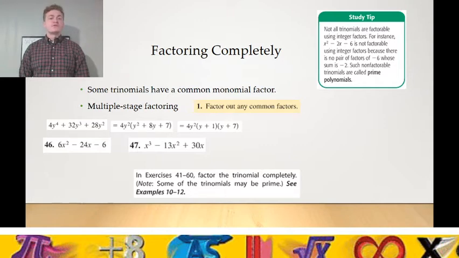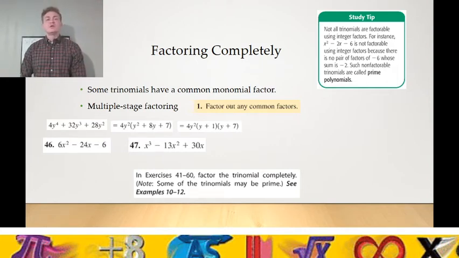The coefficient for the first term is a 1, so there is no other whole number that we can factor out. The 1 in front of the x cubed, the 13 and the 30, if you look at the greatest common factor between 1, 13, and 30, it's just 1. So we will simply factor out 1 factor of x.